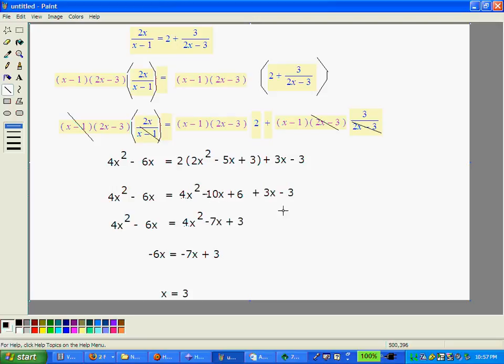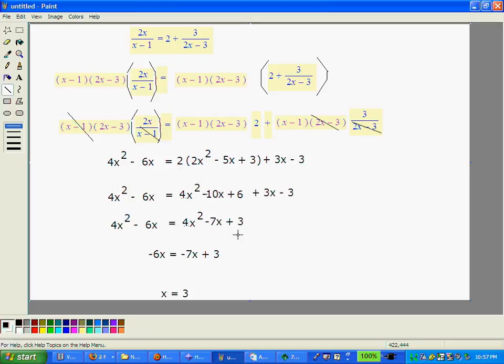And then when I combine the like terms on the right-hand side here, I end up with 4x squared minus 7x plus 3. Yeah, that's right: 4x squared minus 7x because of minus 10x plus 3x, and 6x minus 3 is positive 3.